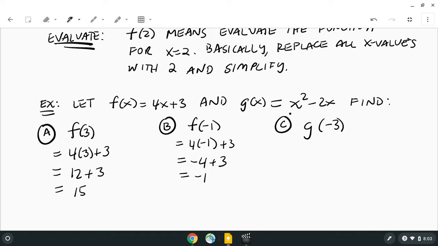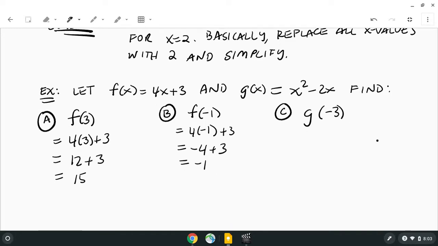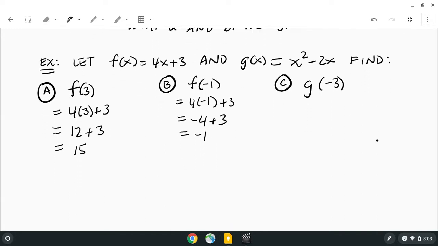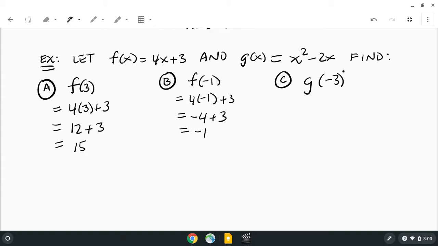Should be obvious. It's g. Okay, and then we're going to go ahead and replace the x's here with whatever is inside here. So go ahead and give this one a try. I want to see if you guys get this one right because we're using a negative number. Okay, go ahead and give it a try. Hit the pause button and come right back.